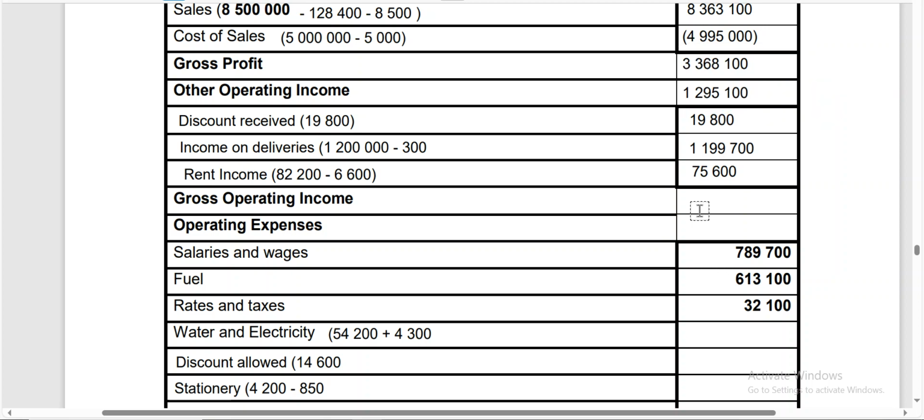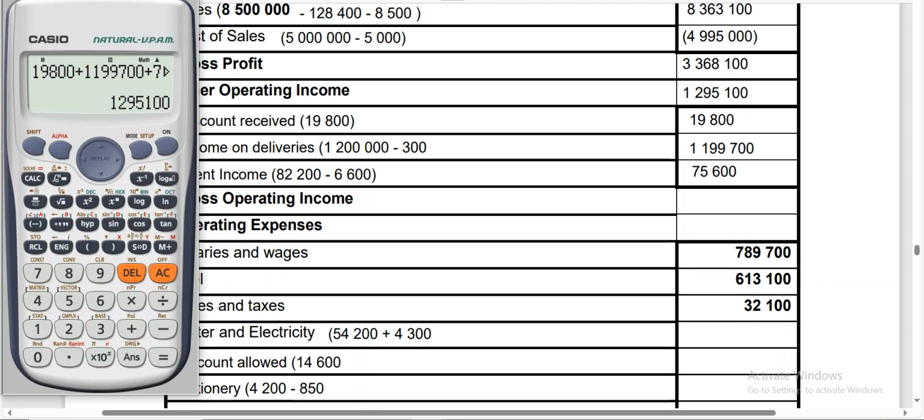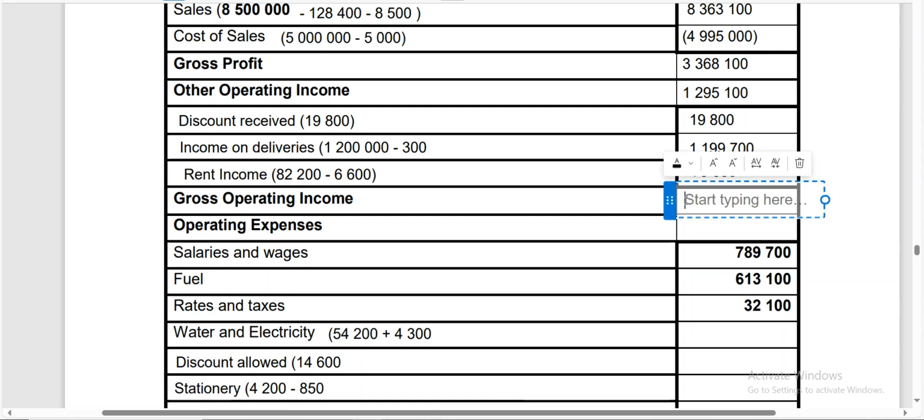So let's verify again. 19,800 plus 1,199,700 plus 75,600. We are getting 1,295,100. And then this answer plus 3,368,100 will give us 4,663,200.